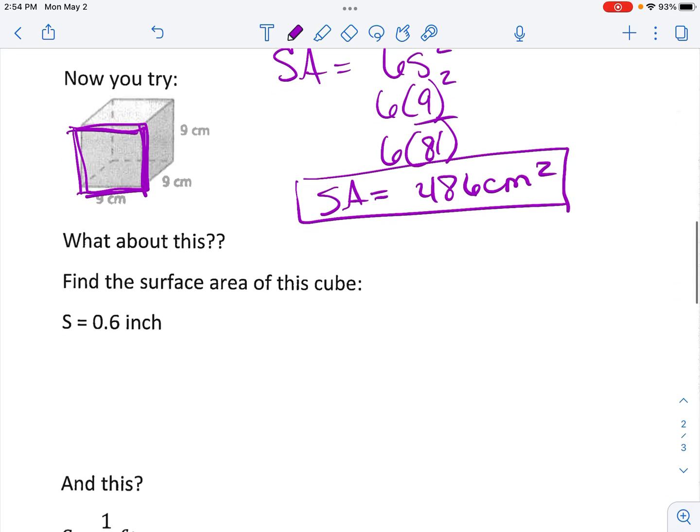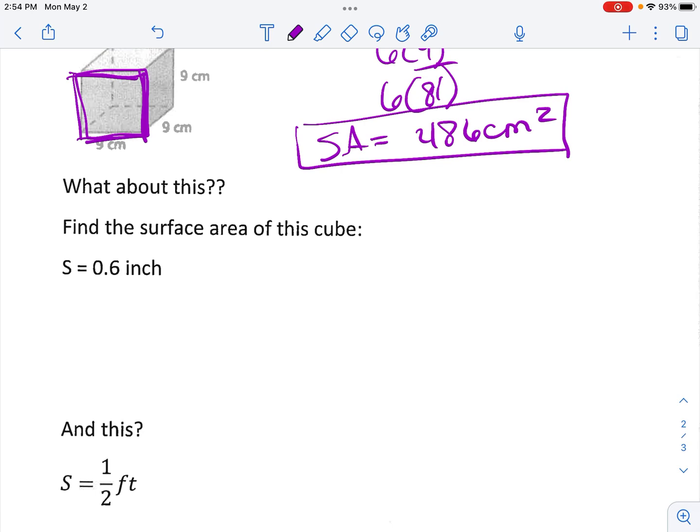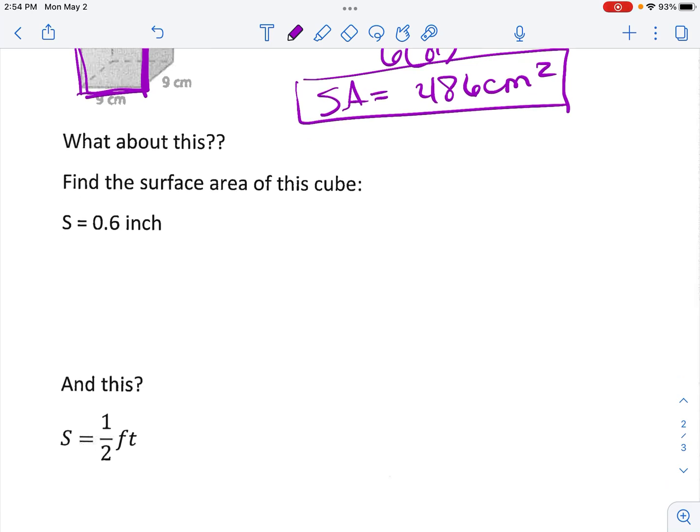Okay. Go ahead and let's look at the next two. I want you to pause the video, see if you can come up with the surface area of this cube. The side is 6/10 of an inch, and this one is 1/2. And then unpause, see if you got them correct.